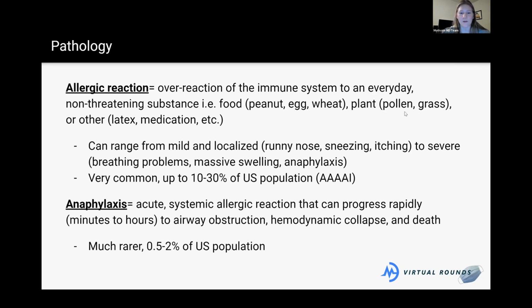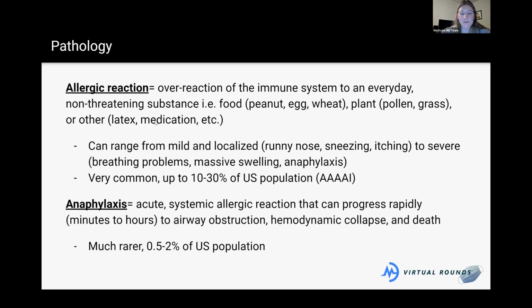The reactions can range from really mild, like a sniffly nose, some sneezing, maybe some itching, to more moderate, like if you have eggs, you get really bad stomach cramps, or you have vomiting and diarrhea, to severe and life-threatening, like anaphylaxis, where you have breathing problems, swelling all over your body, and compromise of your airway and your hemodynamic status.